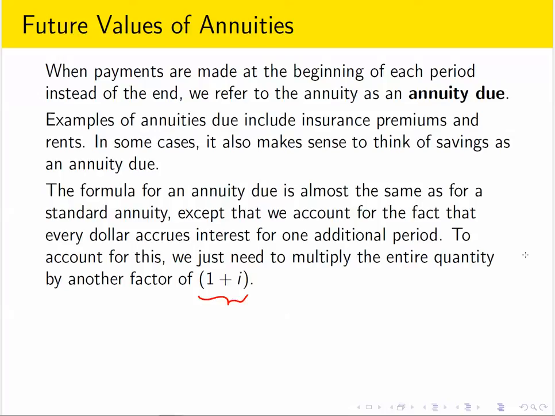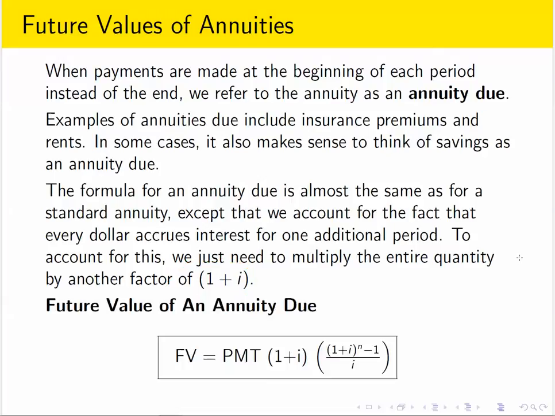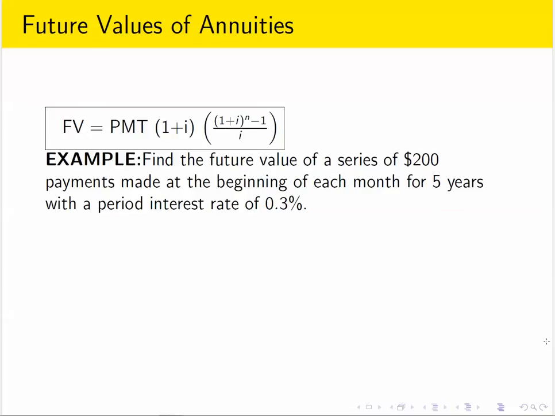So in order to take our old formula for the future value of an annuity and convert it into a formula for the future value of an annuity due, all we have to do is take our total and multiply it by an extra factor of 1 plus i. And that's what this formula is. You can see it looks identical to the future value of a standard annuity, but it's got an extra factor of 1 plus i. So let's use that in an example.